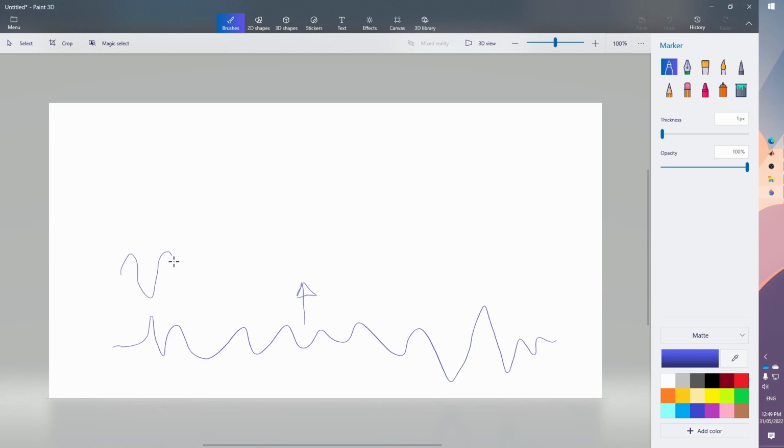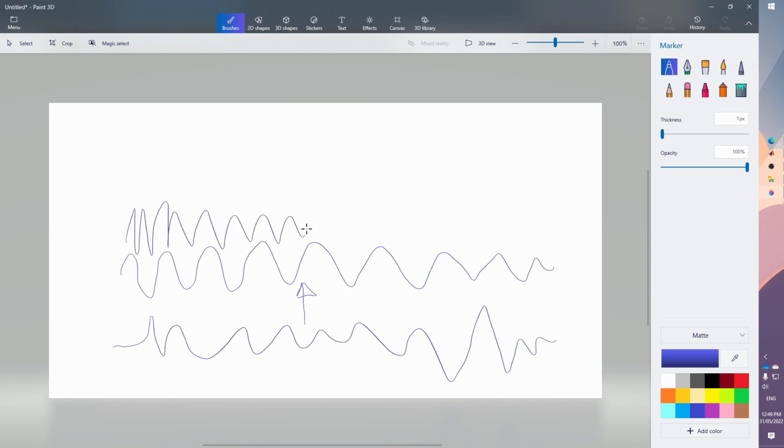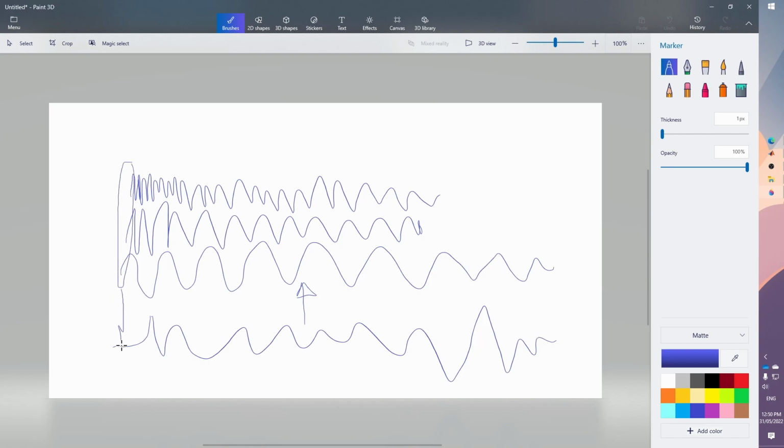So we can say that we have a sine wave looking like that, another squished sine wave with a higher frequency, and an even higher frequency sine wave like that. If we add all of these together, we will end up with this point, and so on.